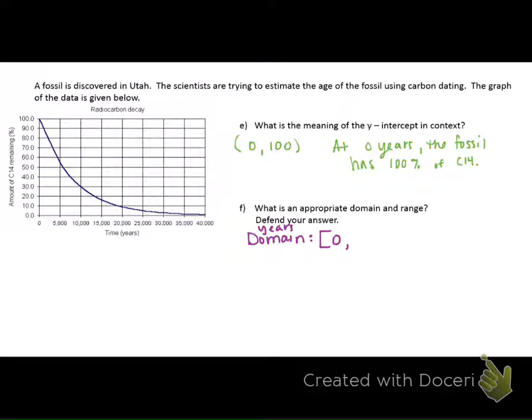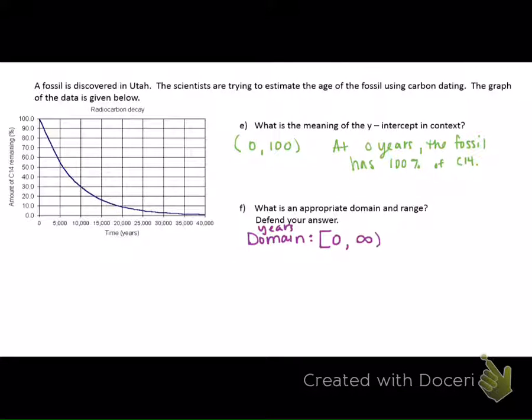How many years could we technically have? Infinity. You could have infinite years, right? Because we're talking about a fossil here in C14, so it could go on forever tracking. And remember, with exponentials, will we ever reach 0? No, so it's going to be a really minute percent over time, but we never include infinity.